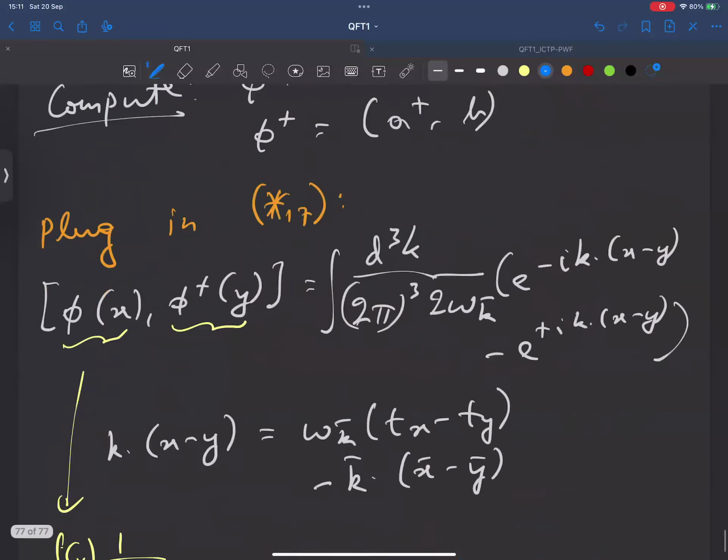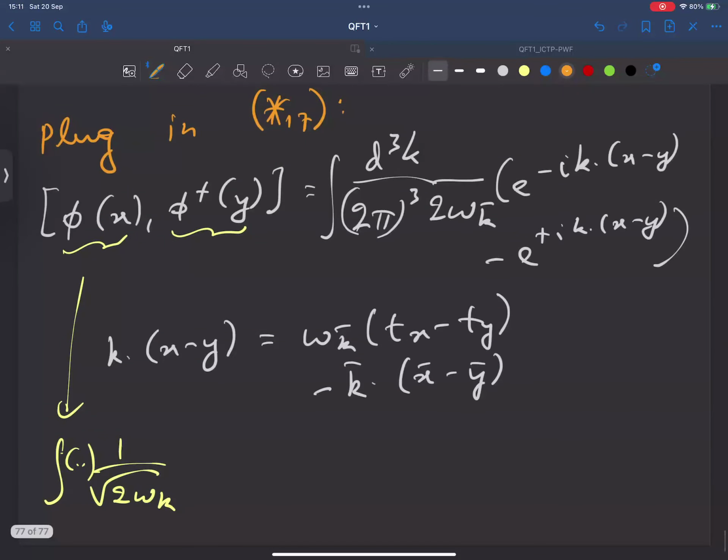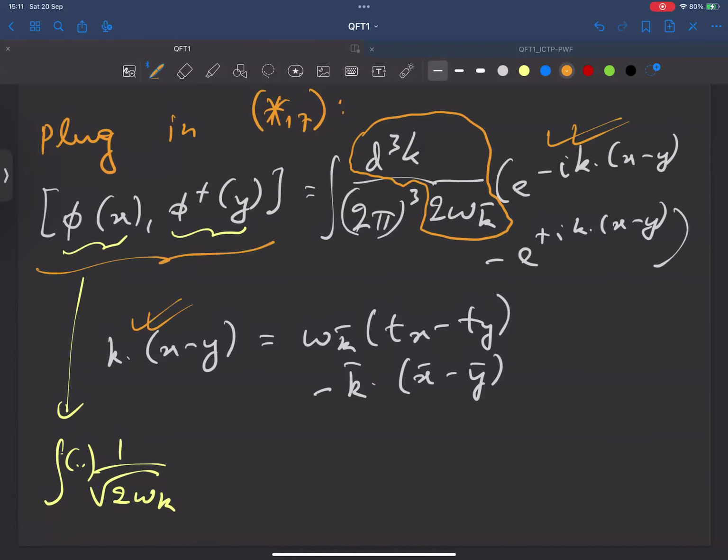That's why now you see that these exponentials are perfectly Lorentz invariant because it's the Lorentz scalar product. And this measure, as we argued before, is also Lorentz invariant. So hence this whole quantity is now Lorentz invariant.